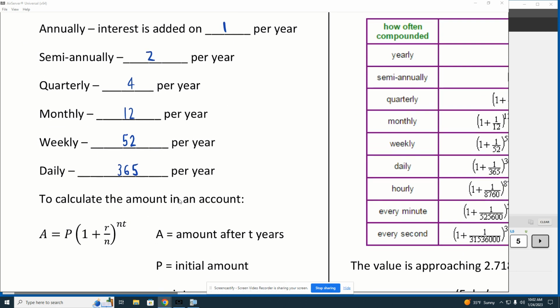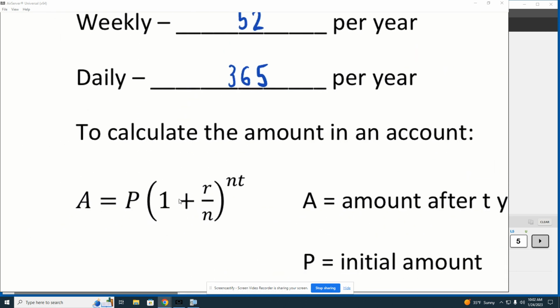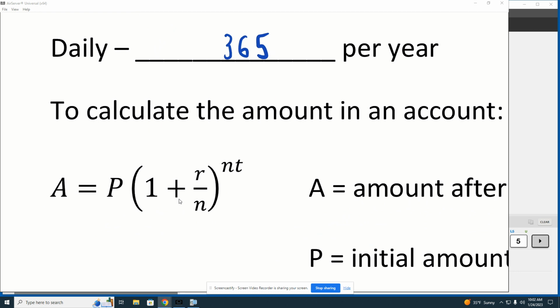So let me show you guys what I was saying a second ago. Look at this formula compared to appreciation. Appreciation was P times 1 plus R raised to the T. Notice how similar it is?